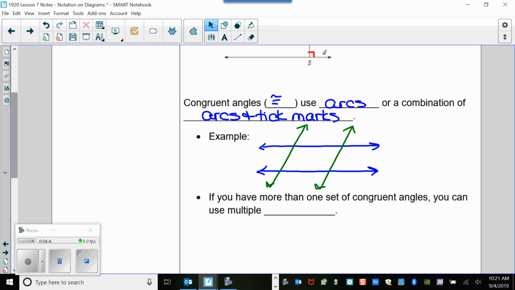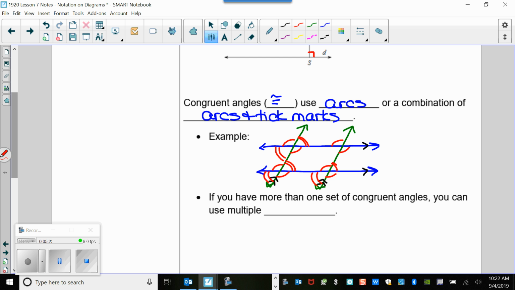And I'm going to say that my blue lines are parallel and my green lines are parallel. So I can do arcs. All four of those angles are congruent. These are also congruent. I can do double arcs, triple arcs, etc.